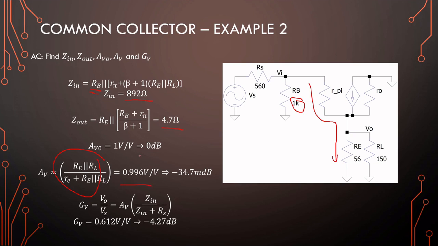Small drop, close to 1 volt per volt still, and the problem comes in with calculating our GV value. These two values are closer to one another, so we have 2/3 entering our amplifier, so we have a very large attenuation into our amplifier.